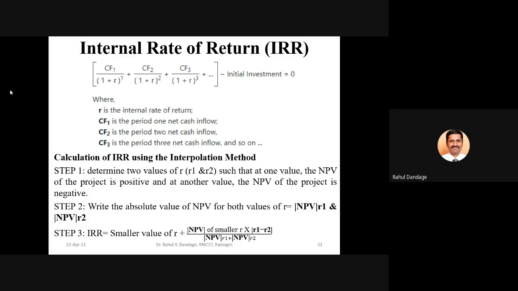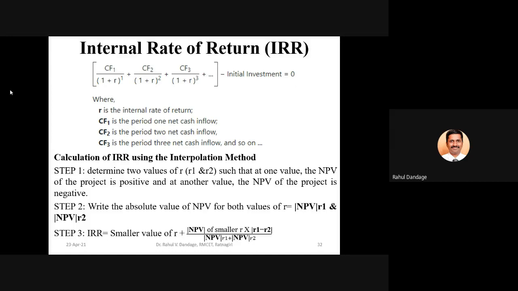Then apply the formula: internal rate of return is equal to the smaller value of R, among R1 and R2, plus the absolute NPV for this smaller value of R multiplied by the absolute difference between the two interest rates R1 and R2, and this entire expression divided by the absolute net present value for R1 plus the absolute net present value for R2.